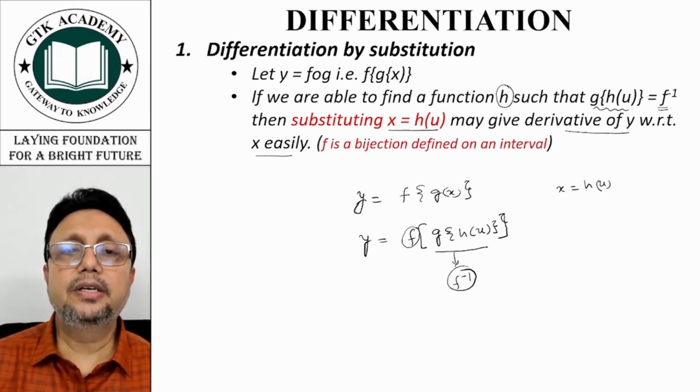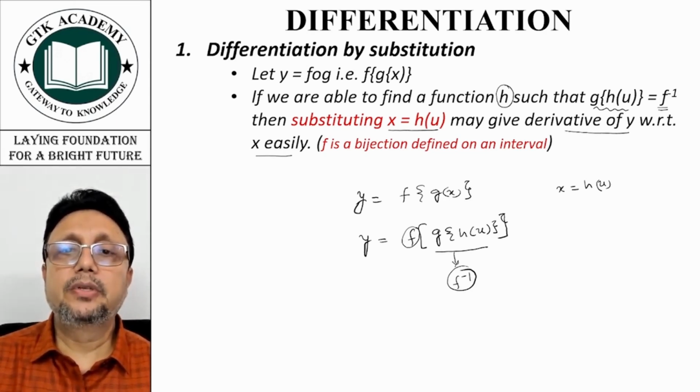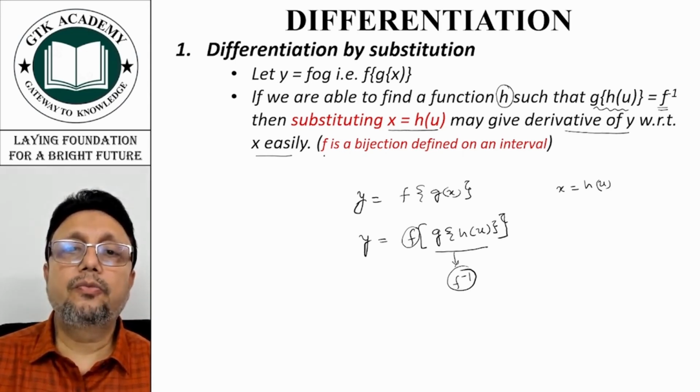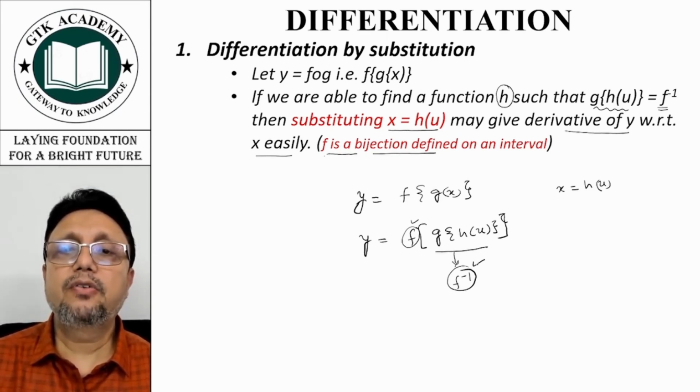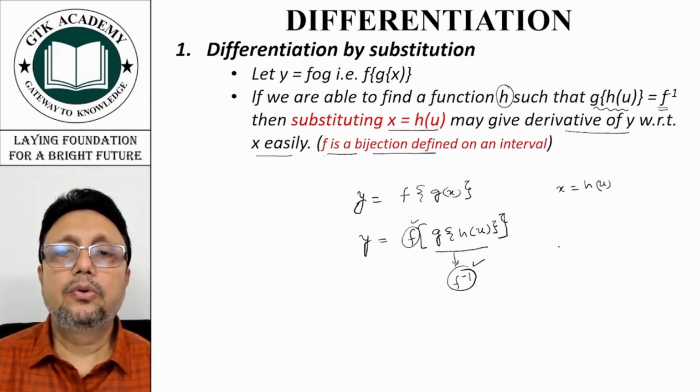It becomes quite easy. I'll explain with some examples, but one thing is very much required, that is a condition that f has to be a bijection, because for an inverse function we have to have a bijection, then only we can have the inverse of any function. Now I'll show you what I mean by this step.